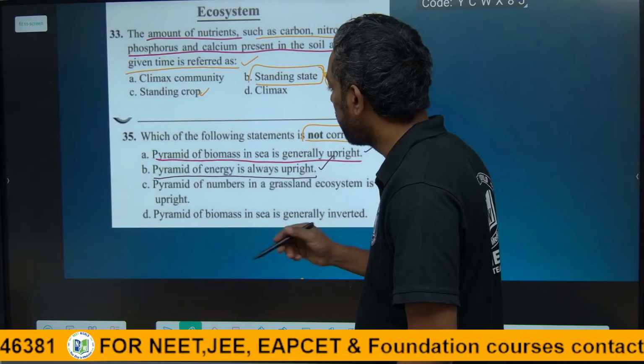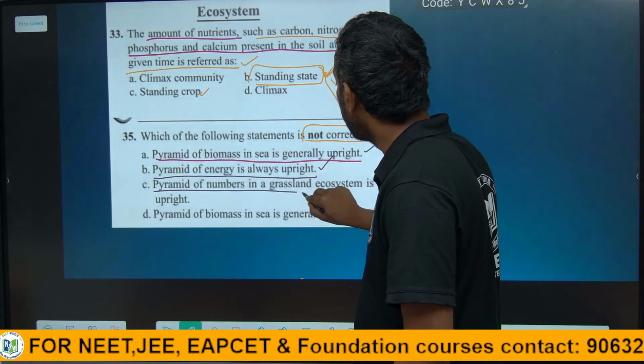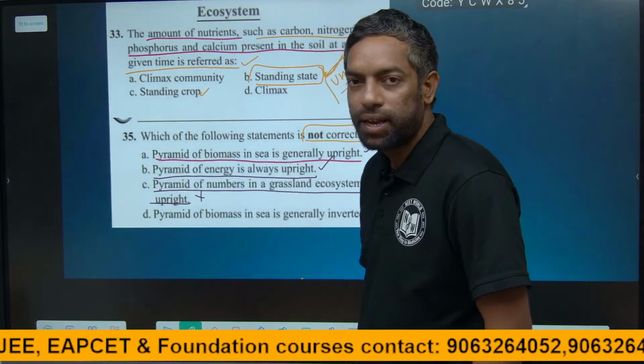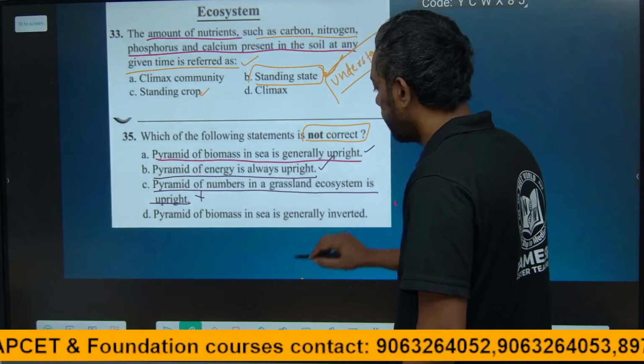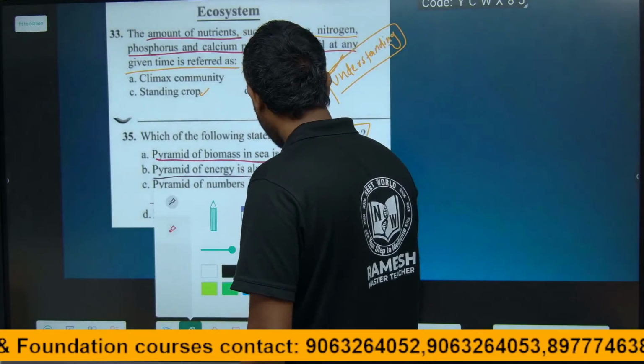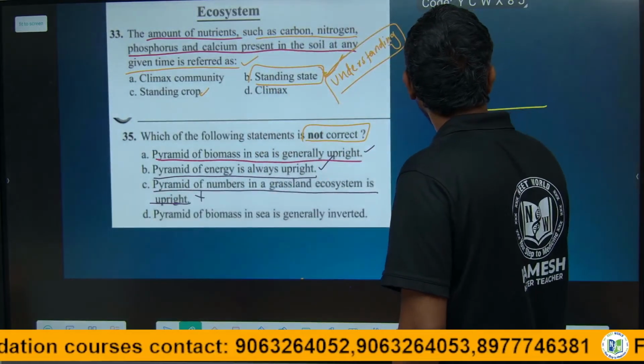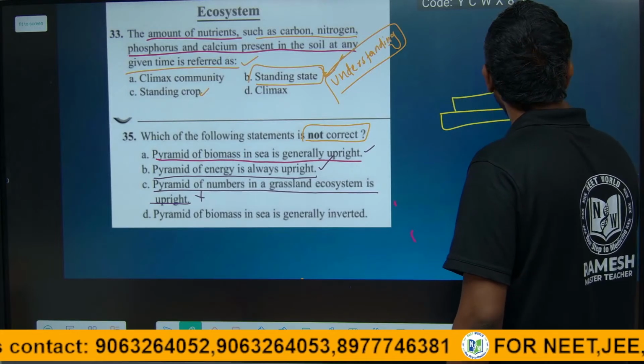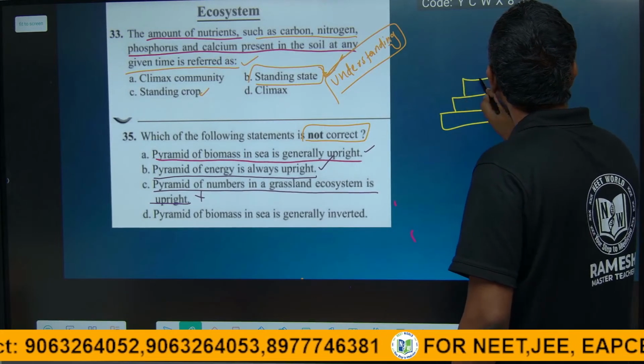Of course, upright. The pyramid of number in a grassland ecosystem is upright. This is wrong. In grassland, the base area is high, guys. Base area is high, and it decreases upward.